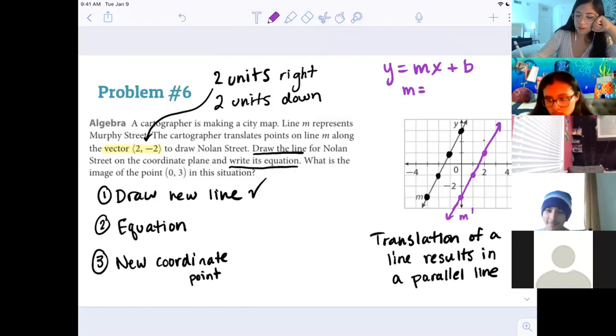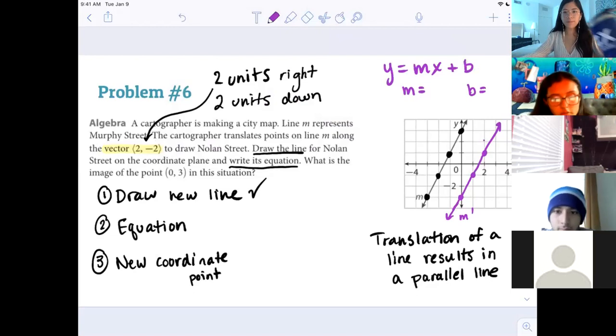So we have to figure out the slope and the y-intercept of the purple line. I want to know what's the slope, and I want to know what's the y-intercept. Take 2 minutes. Find the slope, find the y-intercept. Go. Just the purple one.